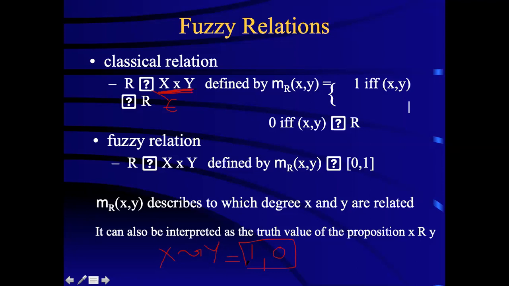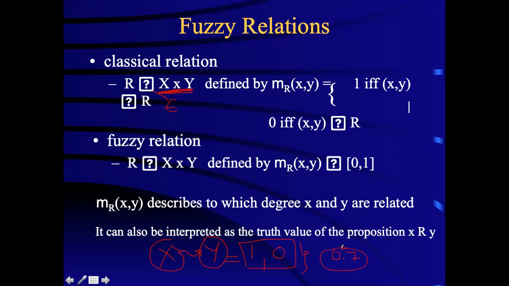But in case of a fuzzy relation, this also changes. The relationship between X and Y would also have a membership value. That means that this would also have a strength. So we can say that X and Y are related with a strength of 0.7 or 0.8 or 0.1 or 0.9. So this would mean that X and Y have some strength of relation, or X and Y are related through a certain strength.